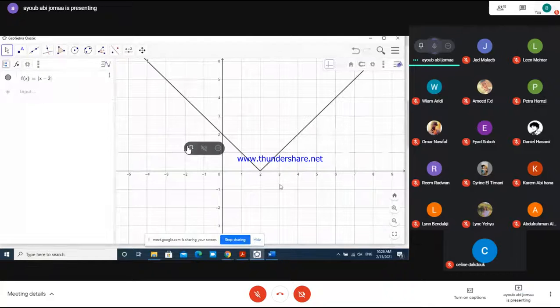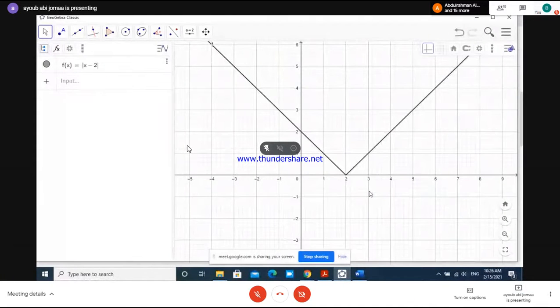Can you see it? Yes? Okay. As you can see here, at x equal 2, the curve is not smooth. Can you see this angle? The function is not differentiable at x equal 2.